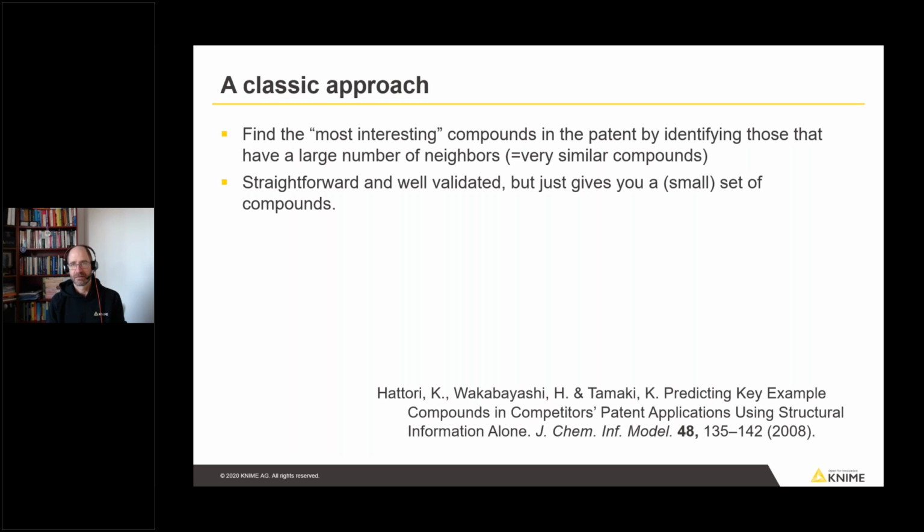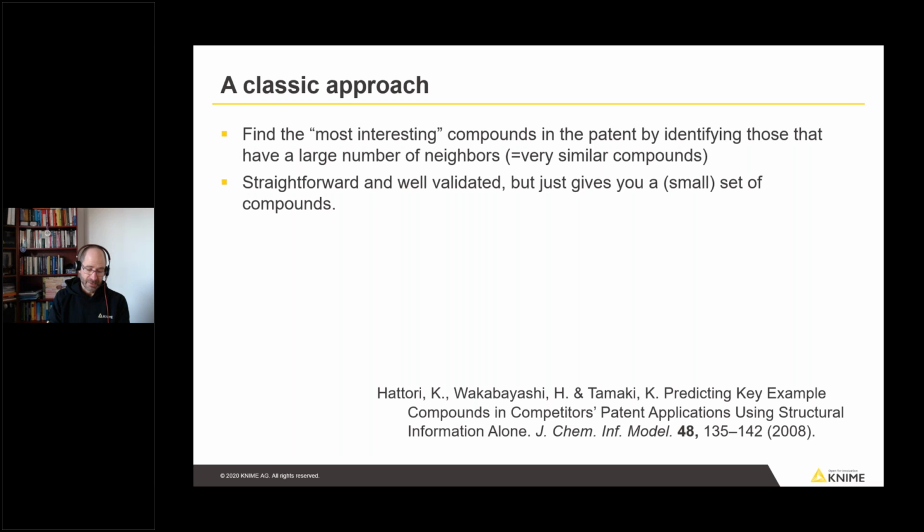A thing that's worth adding about this particular approach is that it was published in 2008, and it became reasonably popular. So people started doing this in order to find the key compound in patents.